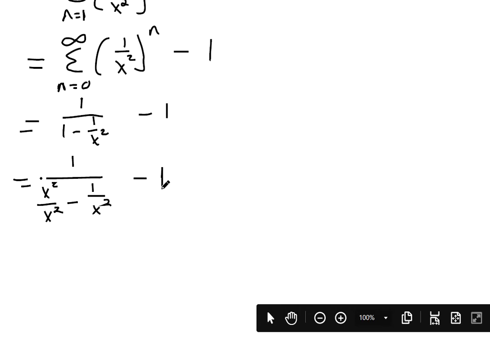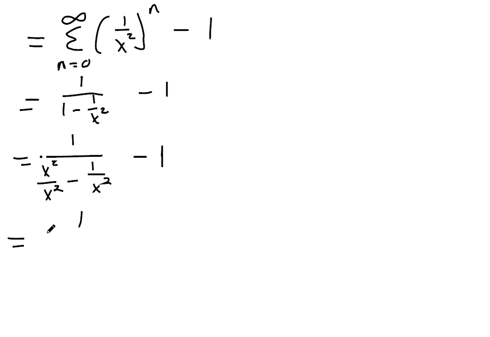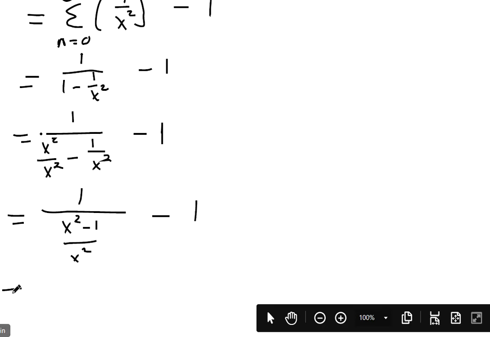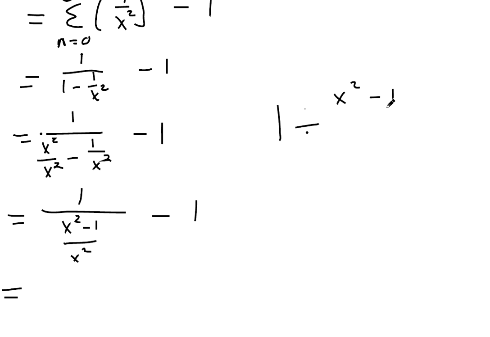And if I do that, we have x squared over x squared minus 1 over x squared. And so you could rewrite this off to the side as 1 divided by x squared minus 1 over x squared. You would flip and multiply the second fraction, right?